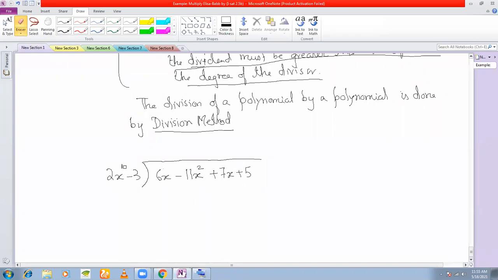Right. Next, when carrying out the division method, step 1: I will take the leading term of the dividend. What is the leading term of the dividend? 6x cube is the leading term. So I will write 6x cube. And I will take the leading term of the divisor, which is 2x.